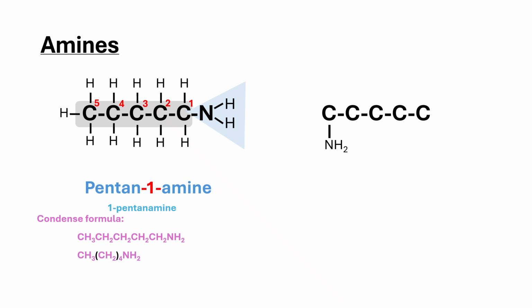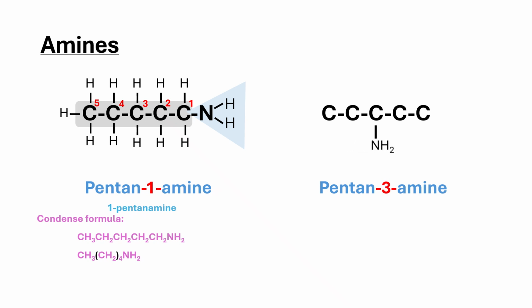So let's try to have the amine somewhere else. The structure that you're seeing is still pentan-1-amine because that's just a structure drawn back to front. But now if you move it to the second carbon, this is obviously going to be called pentan-2-amine, showing the amine group is coming off from the second carbon.